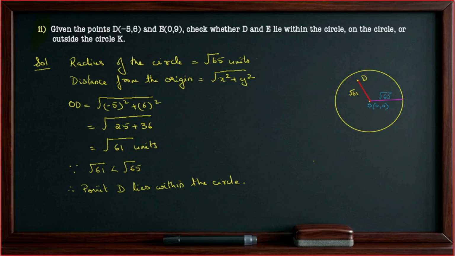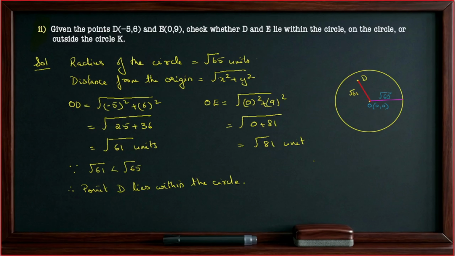Now for point E, we will find using this formula, that is OE is equal to root. Here the coordinates are, you can see, 0, comma 9. Using that coordinate, we can write 0 the whole square plus 9 the whole square, which is equal to root 0 plus 81, and that is equal to root 81 units. Root 81 means it is equal to 9, but since all the answers are in root, we'll take root 81 itself.